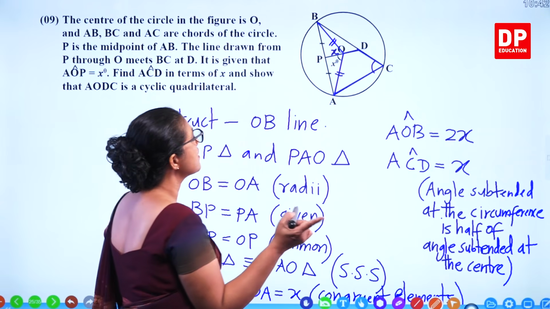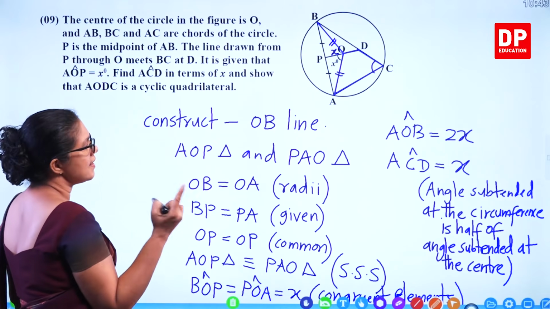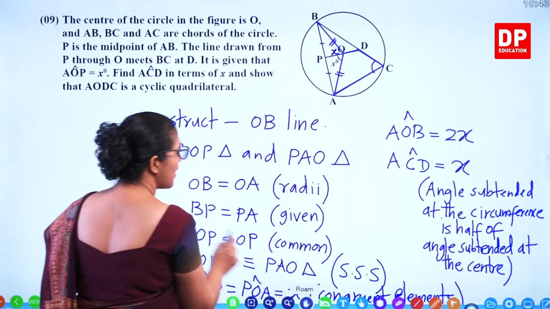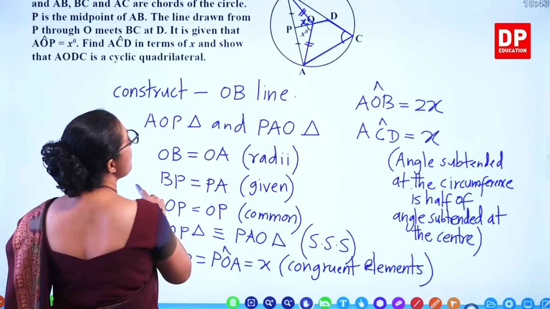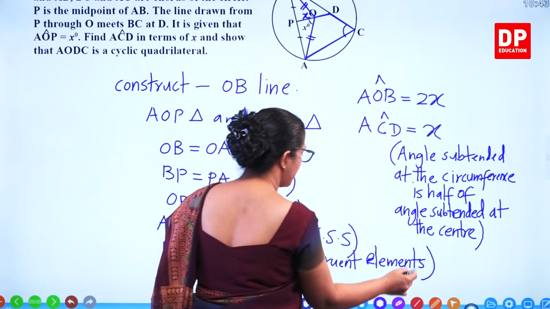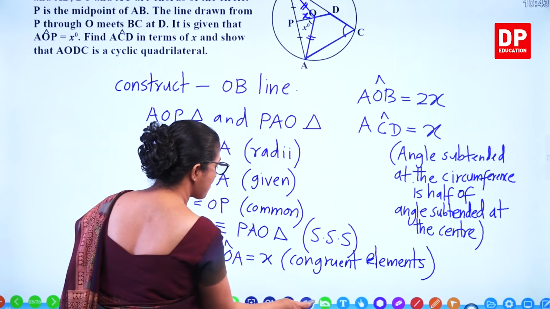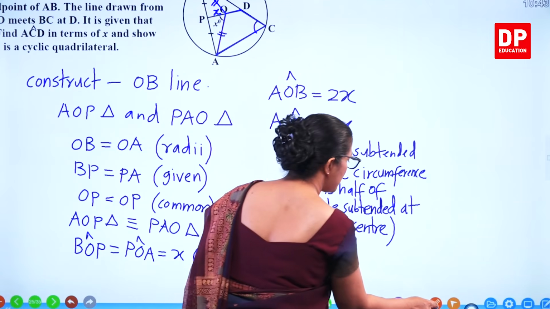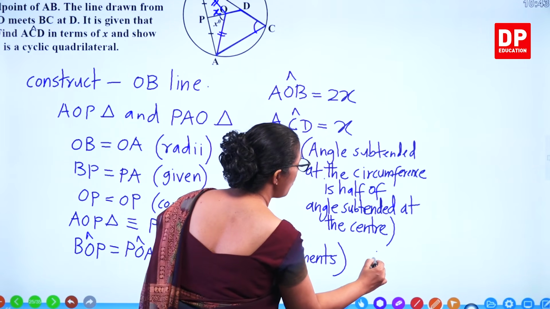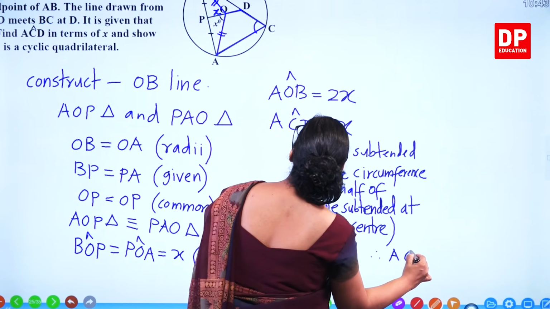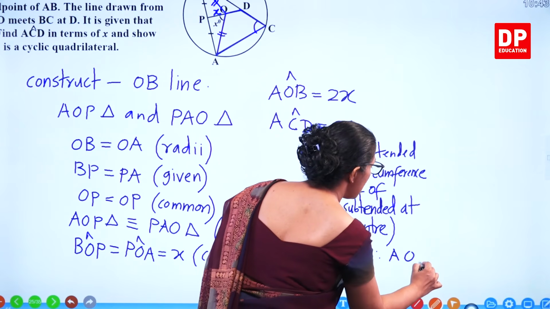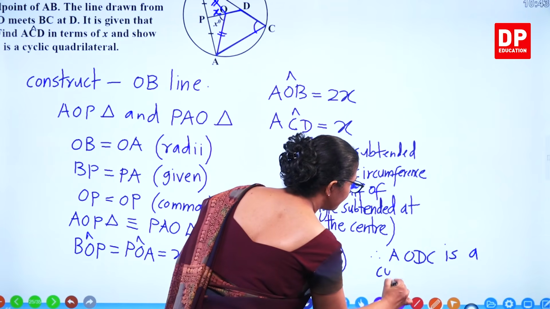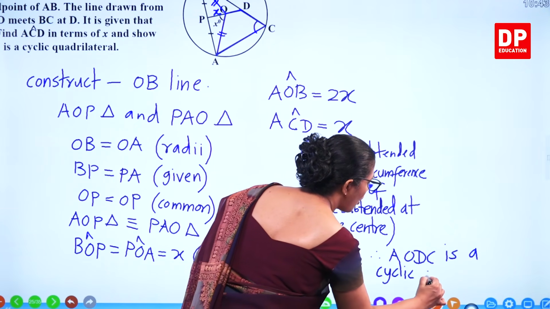So that's X. So ACD is X. Now we found that's X. So we can say therefore, we'll write it here, AODC is a cyclic quadrilateral.